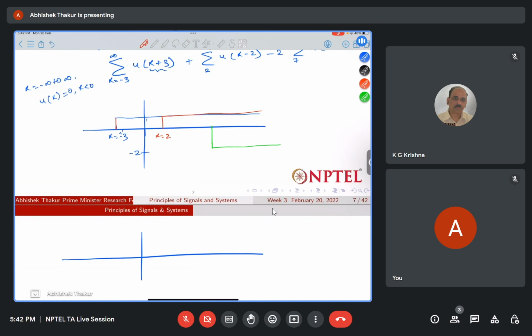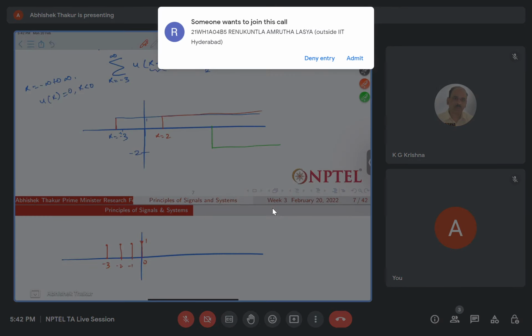So at k is equal to minus 3, it will be 1. At k is equal to minus 2, again it will be 1, because only one signal is there. At k is equal to minus 1, it will be again 1. At k is equal to 0, it will be again 1. And it will be the same up to k is equal to 1.